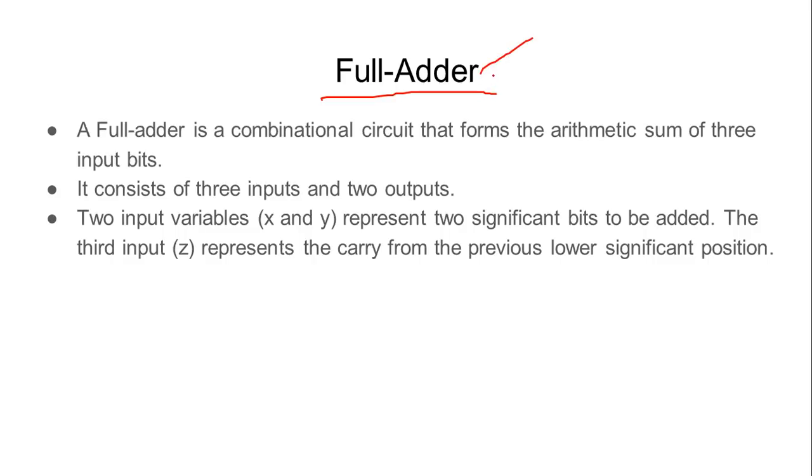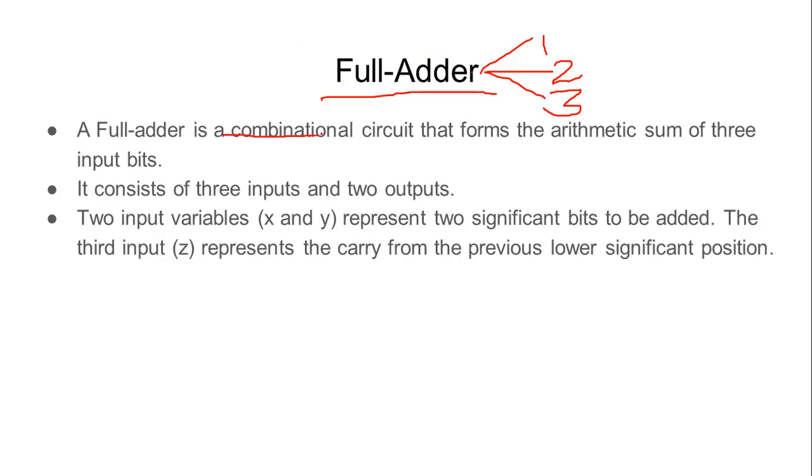The only reason is that now it takes three input values. That's why a bit more complexity will be there while looking for the result in the logic circuit. So let's understand how the full adder works.